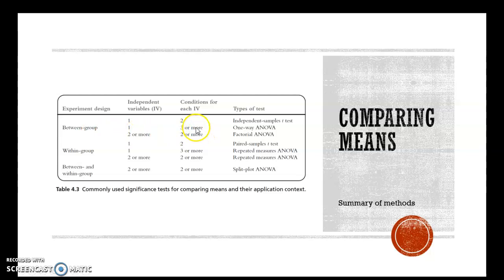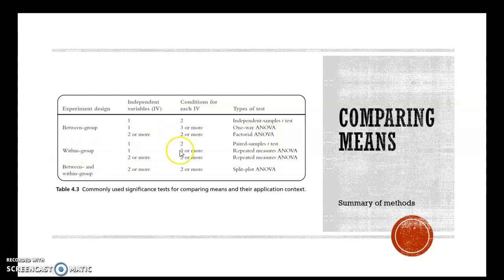If you have three or more conditions, then one-way ANOVA, or if you have multiple variables for between groups, or two or more conditions, then you have to use a factorial ANOVA.